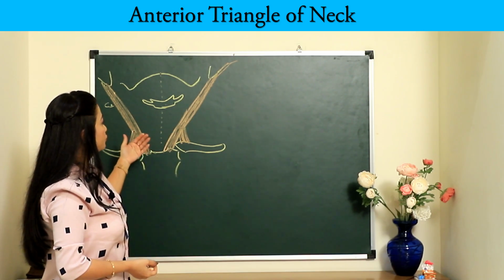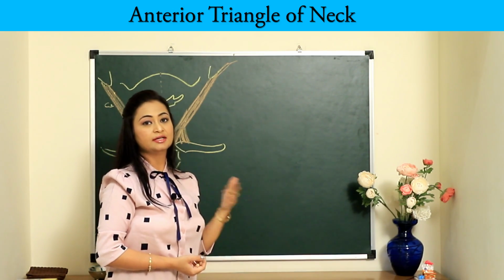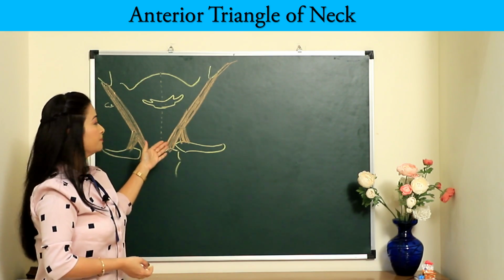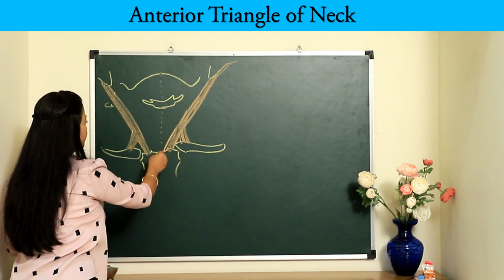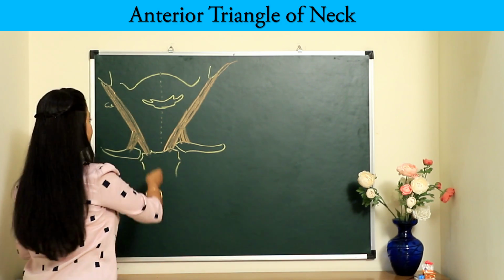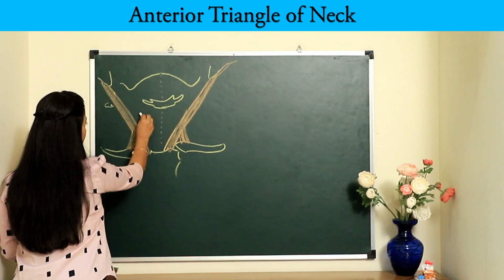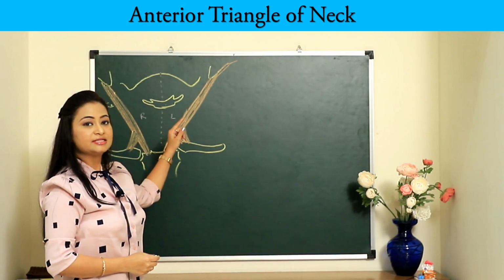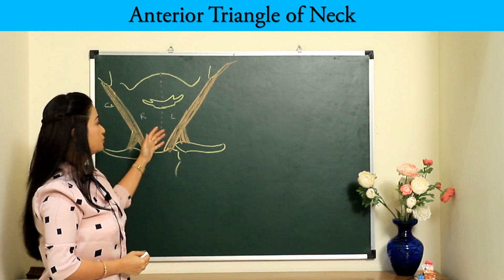Now, before we move on to the subdivisions of this triangle, let's talk about the borders of this triangle. So here the midline basically divides this region into the anterior triangles of both the sides. So this would be your right anterior triangle and this one is the left anterior triangle, and it's very easy to understand the boundaries here.